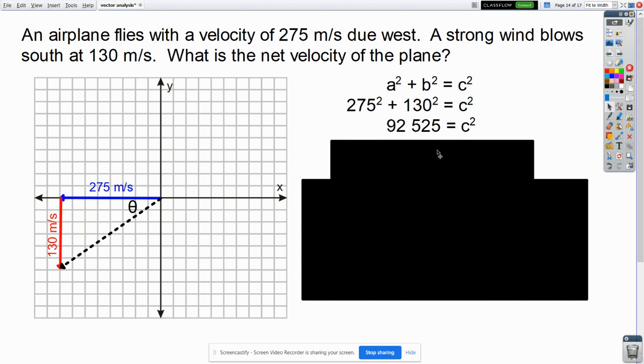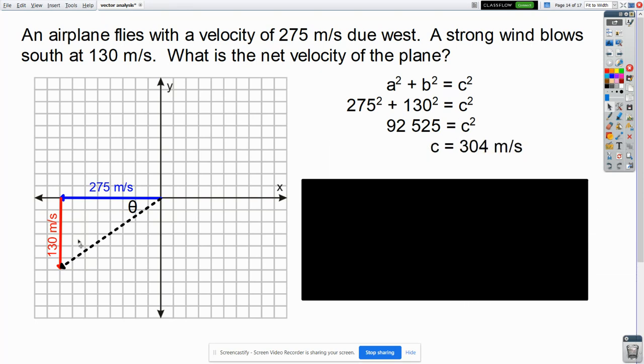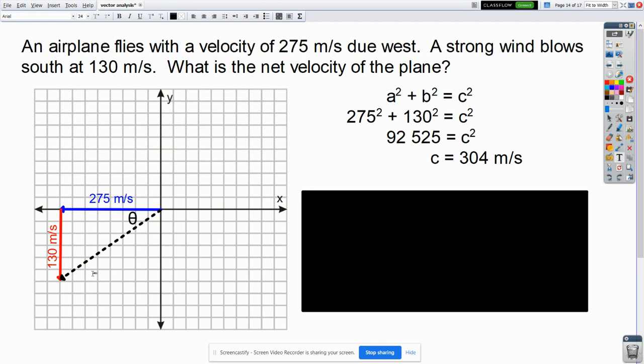Added those up, I got 92,525. Now that is c squared. Don't forget you have to square root that now to get an actual value for that hypotenuse. So 304 meters per second is the magnitude of that new vector, that resultant.